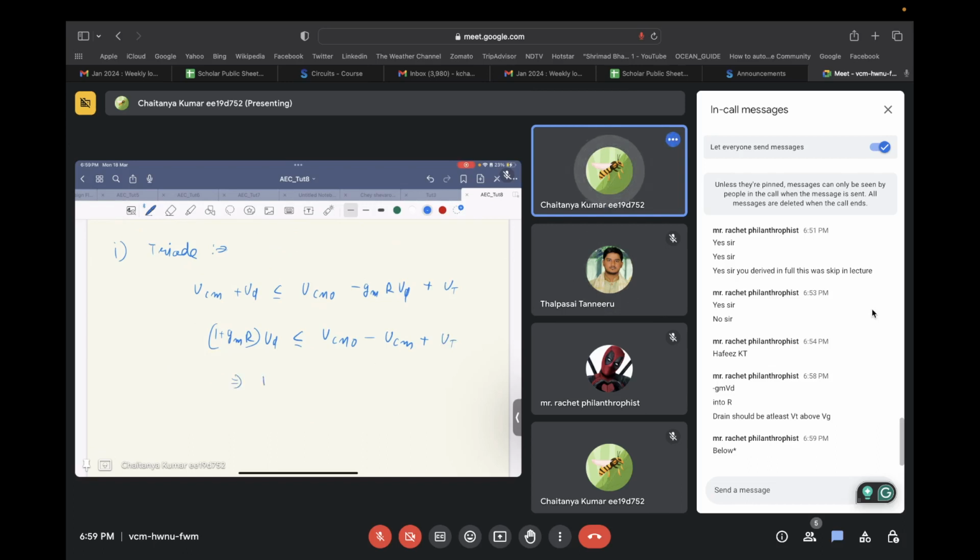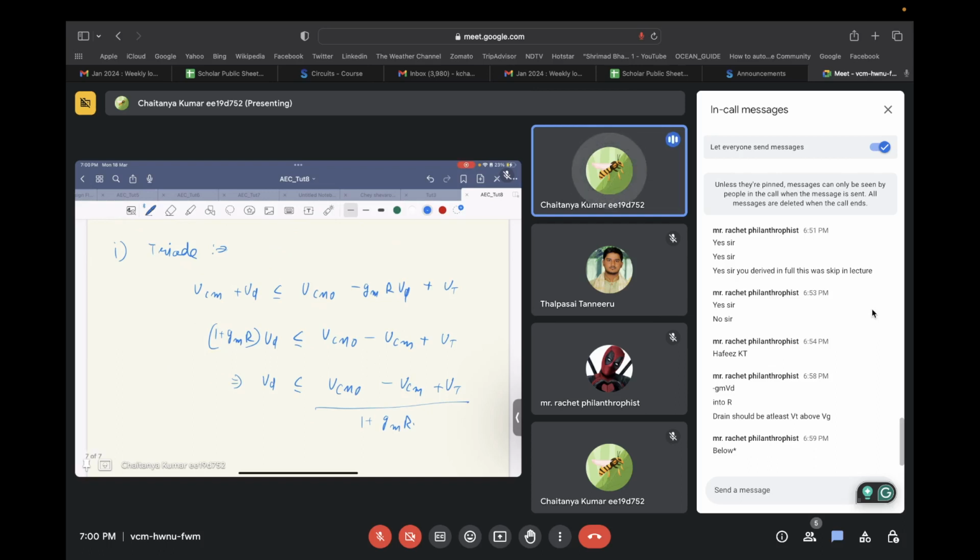That means to say VD shall be less than or equal to VCMO minus VCM plus VT divided by 1 plus GM R. Correct? This is basically the condition for triode.